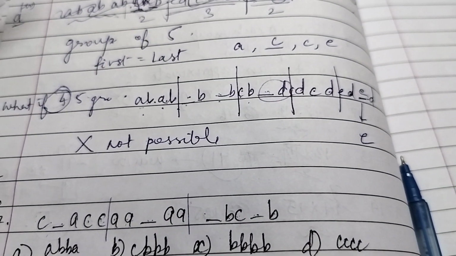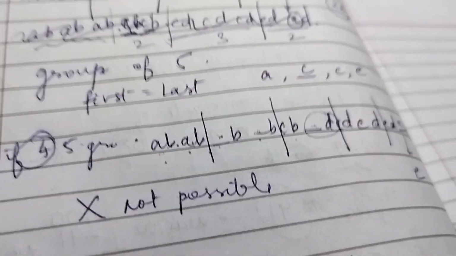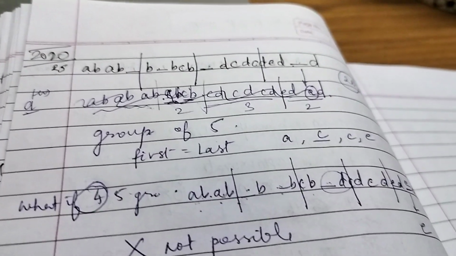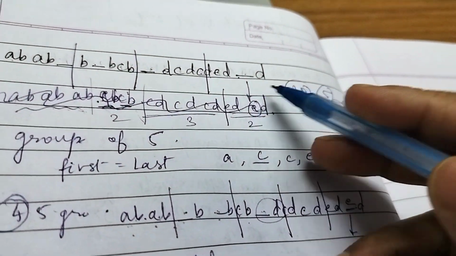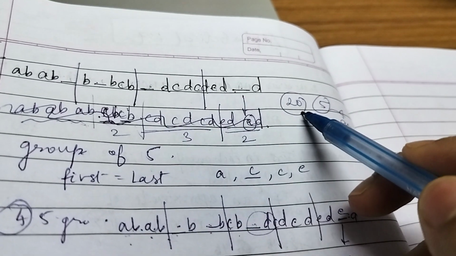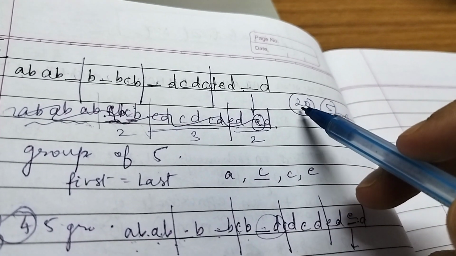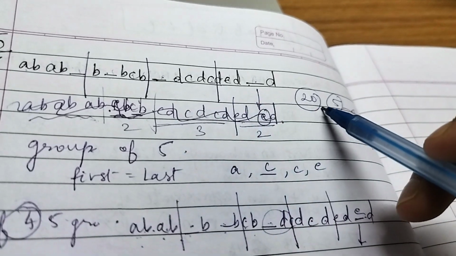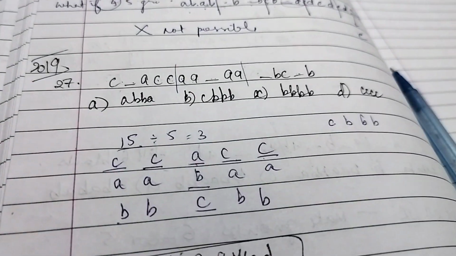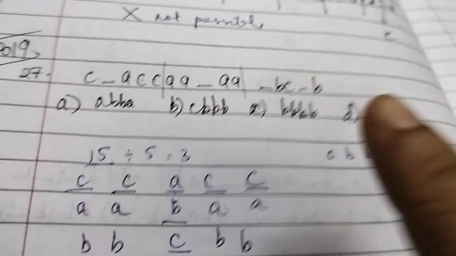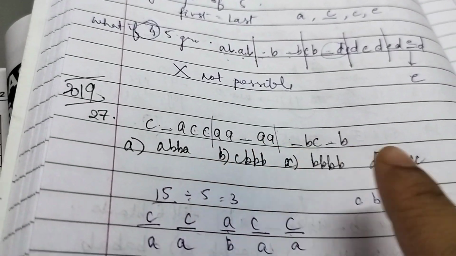Hence, we cannot take this. 4 and 5 is what works. So in these questions, take the total number of alphabets, then find a digit which will divide it easily.